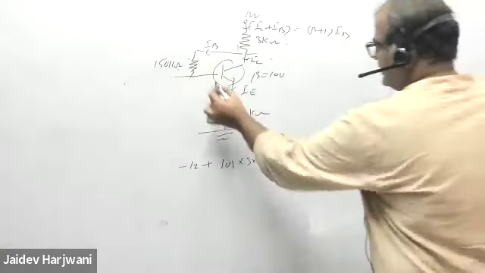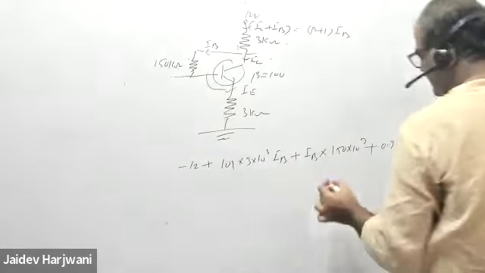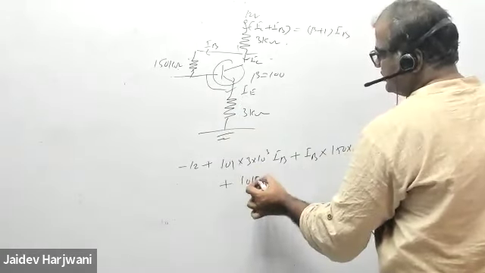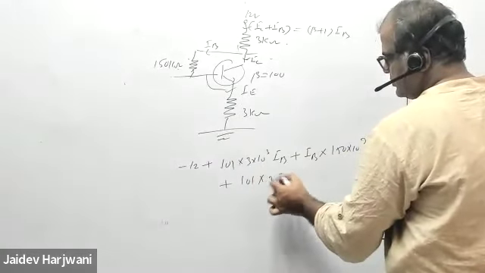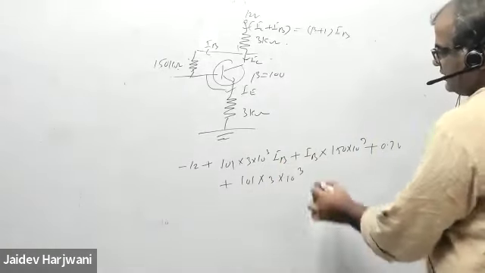Okay, and then 0.7 volt, this one. Okay, and again then 101, beta plus 1, 101 into 3 kilo ohm. Okay, and equals to 0.